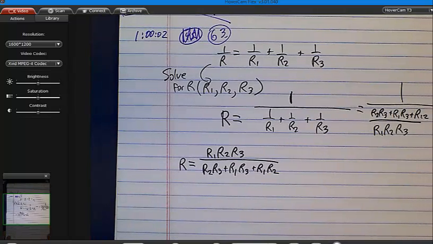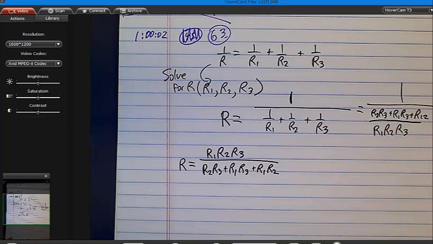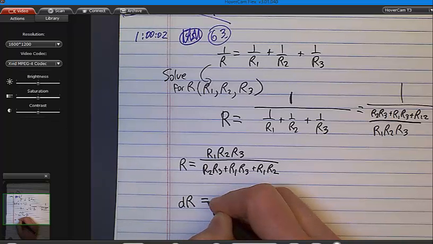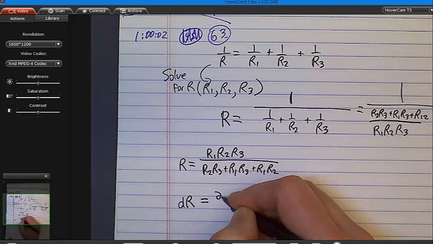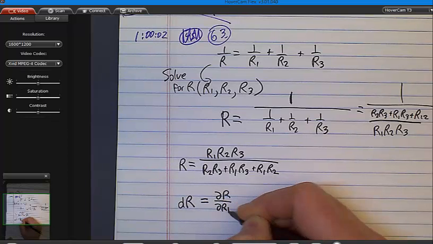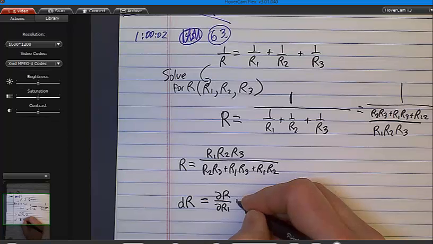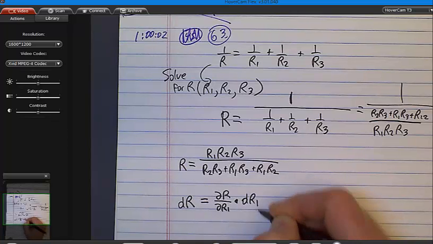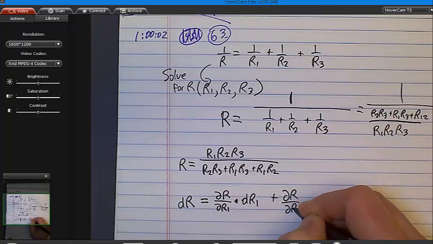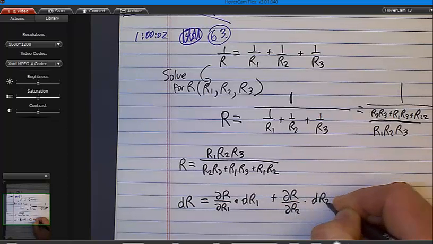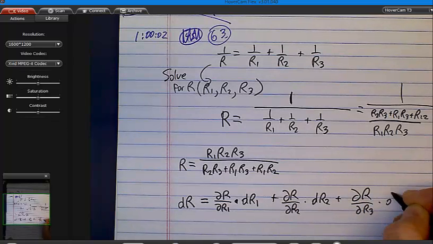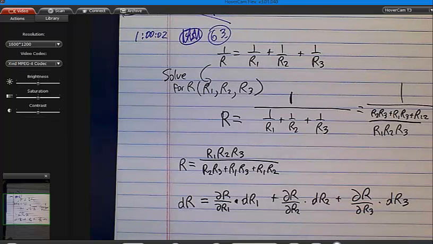So the way it works is dR is equal to the partial of R with respect to R1 times dR1, plus the partial of R with respect to R2 times dR2, plus the partial of R with respect to R3 times dR3.